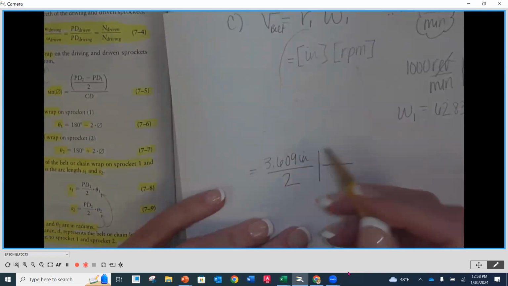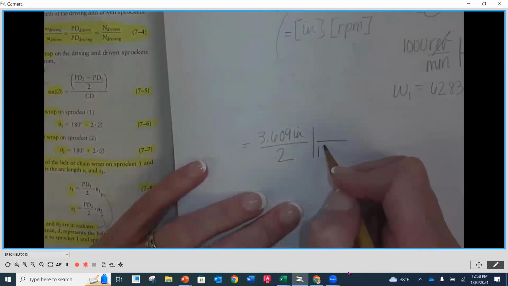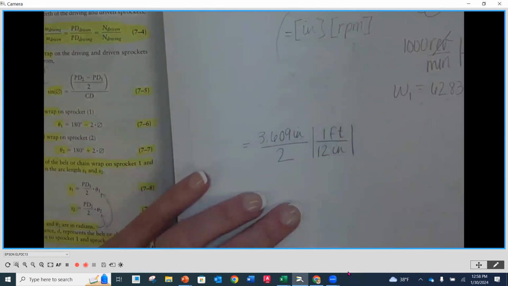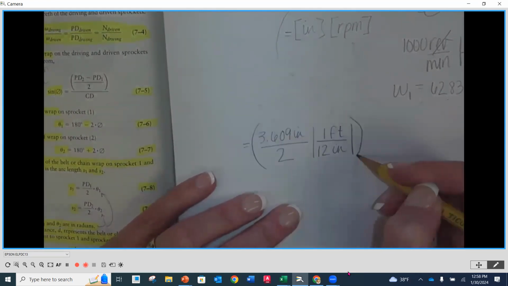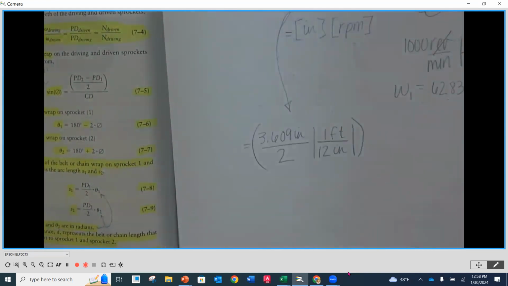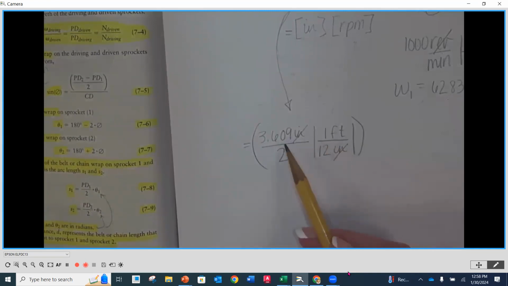So to convert my inches to feet, I'm going to say 12 inches on the bottom, 1 foot on the top. Now this is going to be the value for that radius. Does that make sense? But now it's in feet because my inches cancel top to bottom. I still multiply across the top and divide by the bottom. So I'm going to take 3.609 times 1 divided by 2 divided by 12.